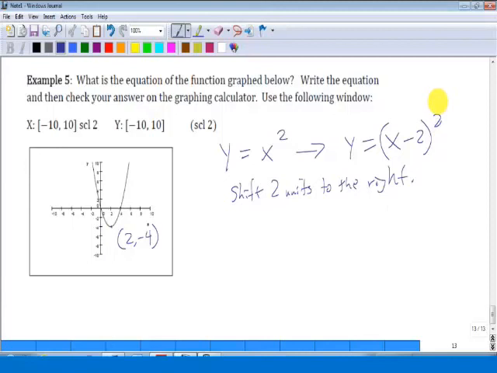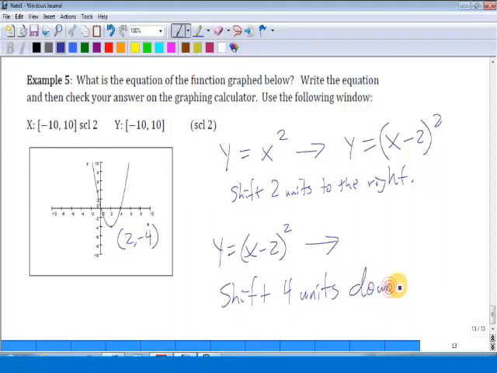And that will add 2, strangely enough, to every single x coordinate of the points on that graph. And then you're there, you've been shifted 2 units to the right, and now you want to go 4 units down, -4. So y equals x minus 2 quantity squared, and then -4 gets you there.